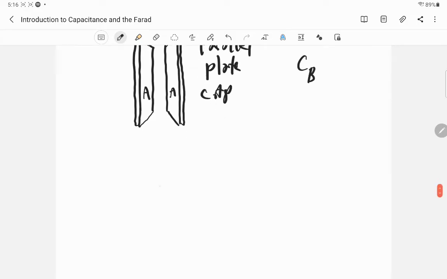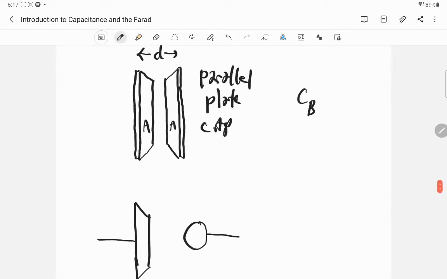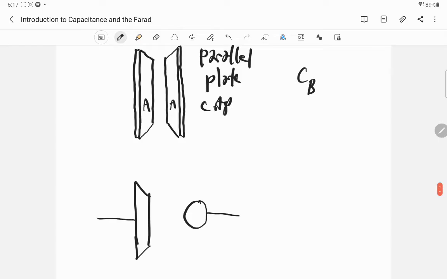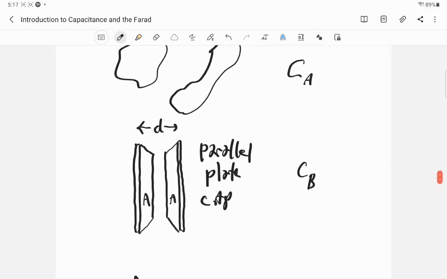There's many other arrangements. You could have 1 plate and a sphere. This is a different capacitor than the parallel plate capacitor. I don't know what this one's called, but you might have reason as an experimenter to have such an arrangement. This is all to say, right?